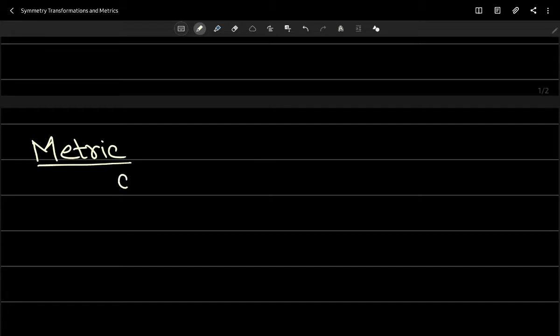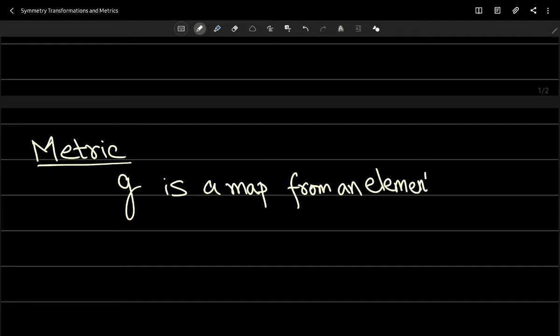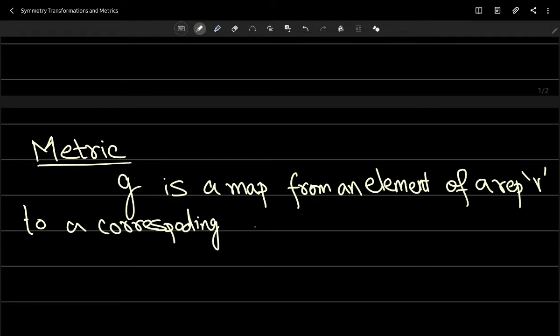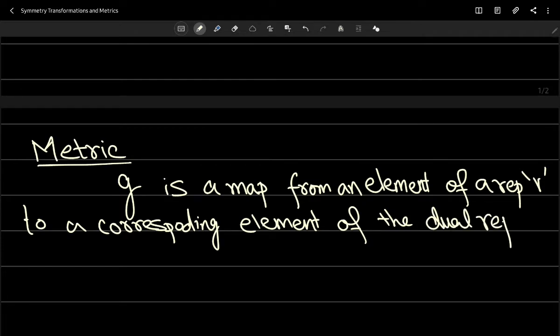So a metric G is a map from an element of a representation, say R, to a corresponding element of the dual representation, that is denoted with R tilde, right?